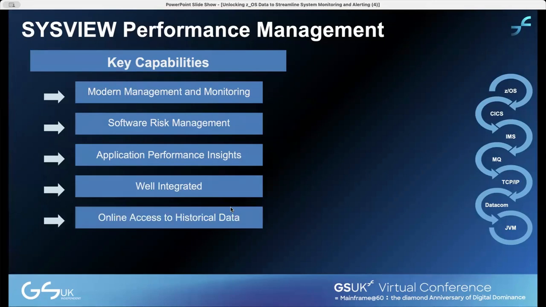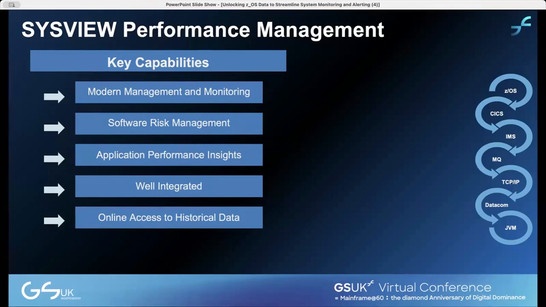Online access to historical data. With SysView, you can access historical data such as SysView log streams or SMF records using our commands like CICS log and IMS log, or through the Vantage Web UI, where you can access the same commands.